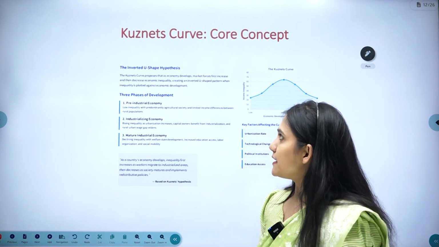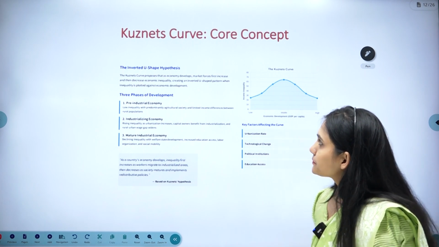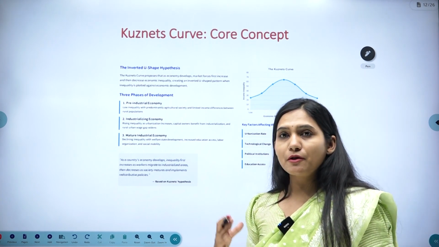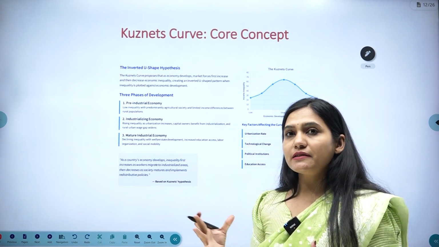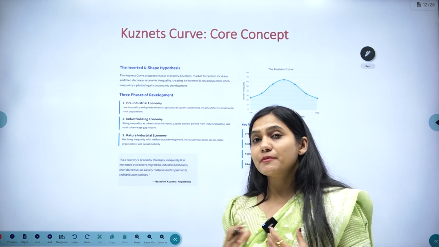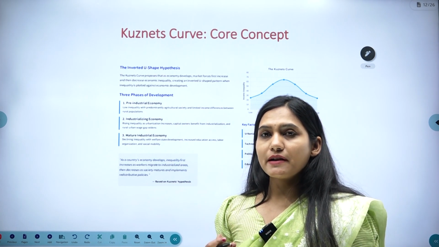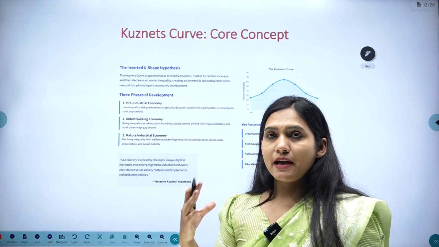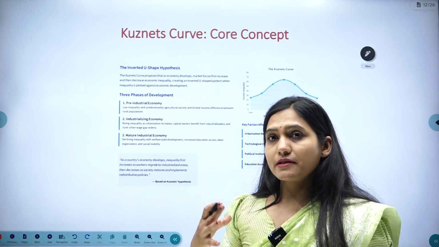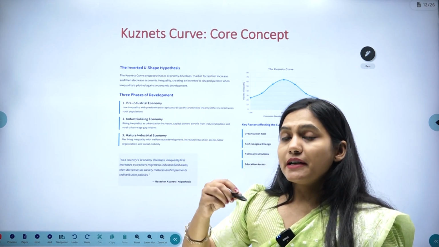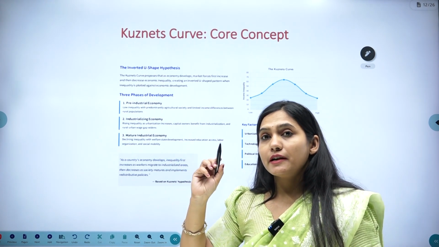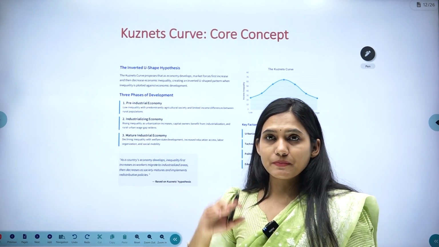So Kuznets said that during the development of the economy, initially there is less income inequality. Okay, but as the country is developing economically and reaches its peak, it leads to income inequality gradually.